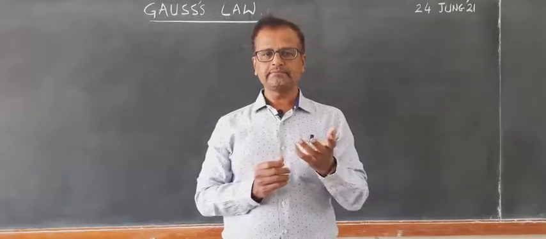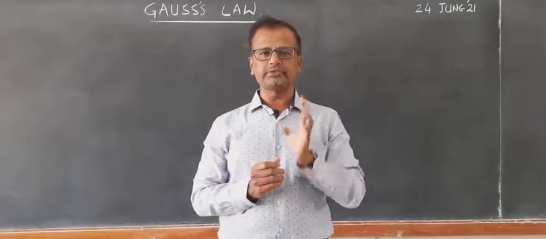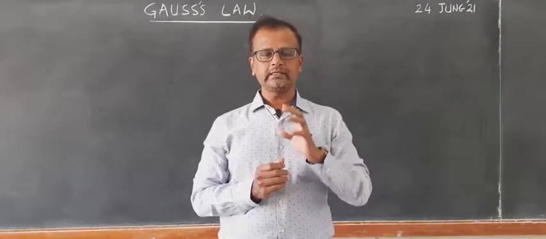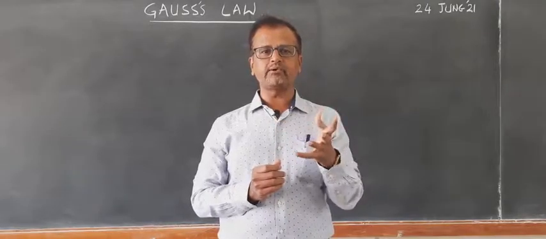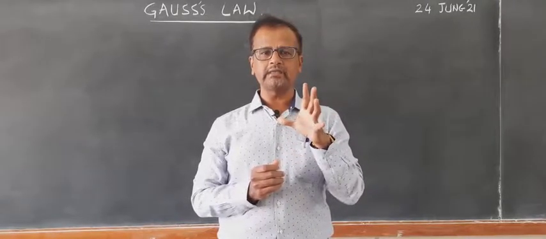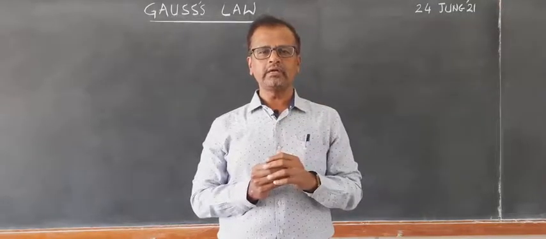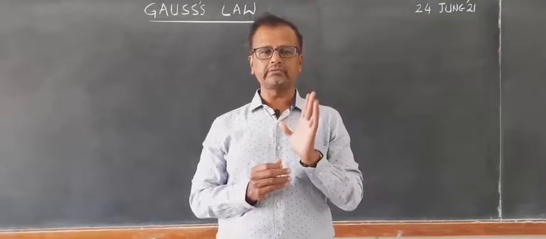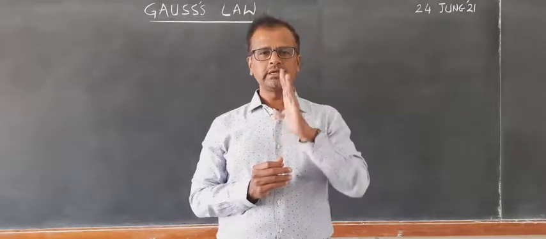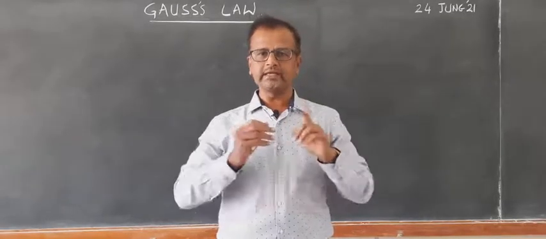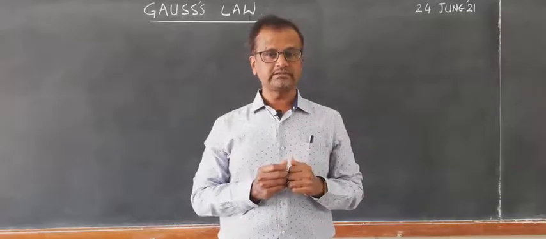For example, if there is a point charge Q, then the electric field due to that point charge Q at a distance r is given by Coulomb's law. E vector is equal to 1 upon 4 pi epsilon naught Q by r square, and it is radially outwards.